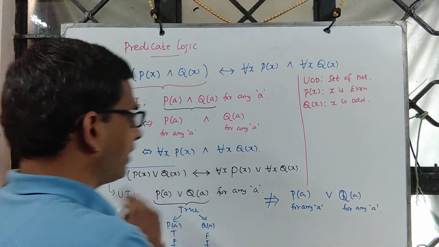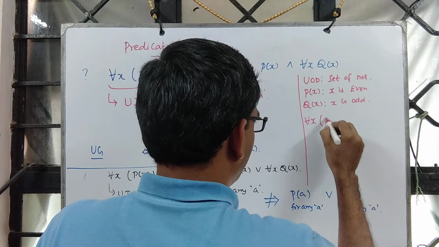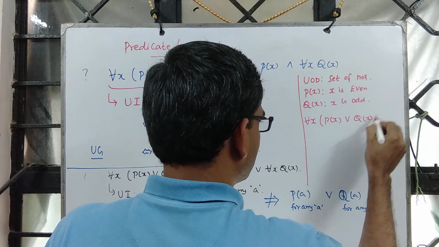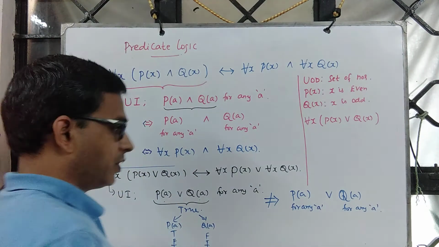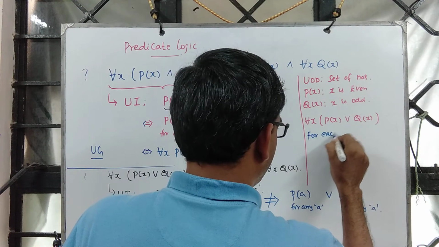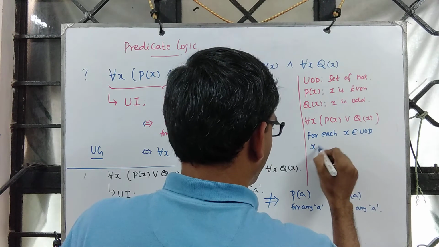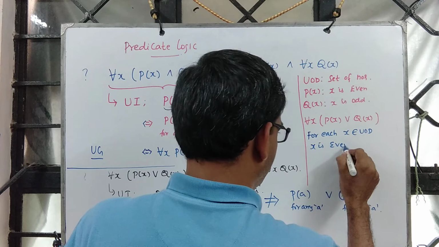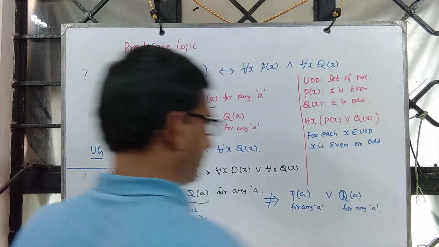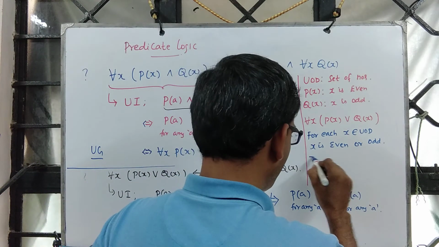Now look at the left statement: for all x, P of x or Q of x. So what is this telling us? This says for each x belonging to the UOD, x is an even number or x is an odd number, which is true.